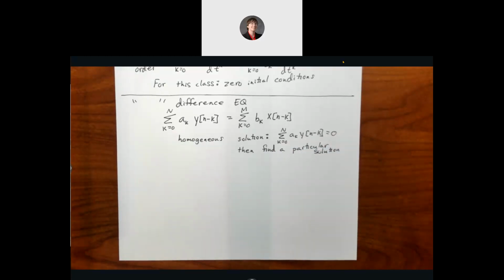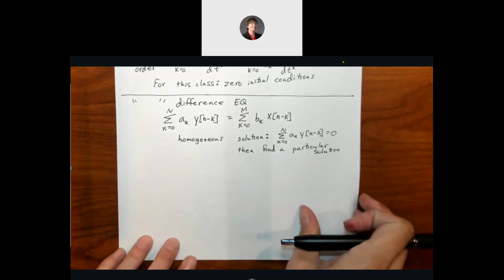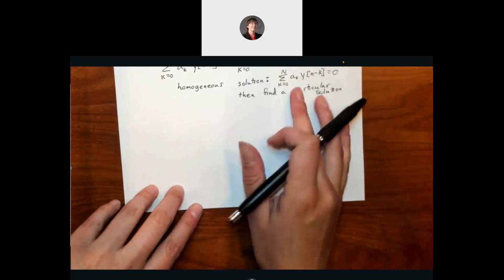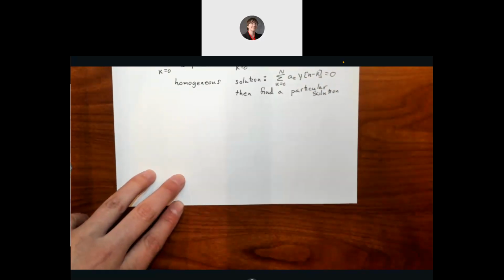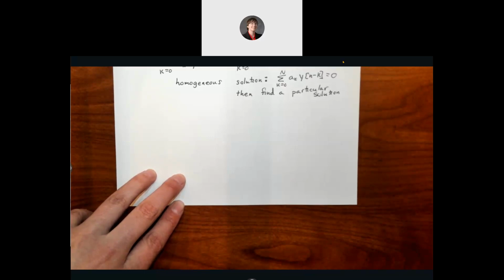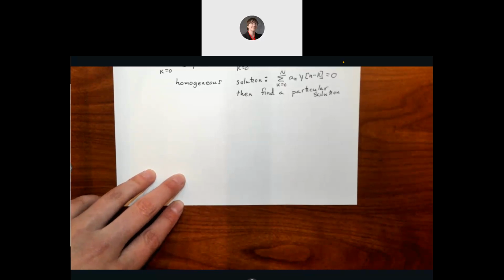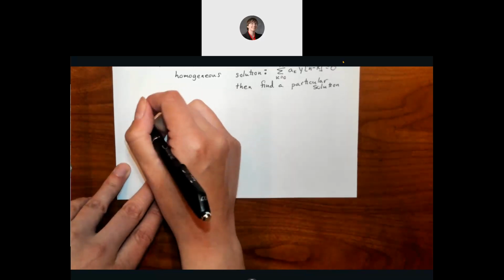All right, so it's actually a similar kind of idea for solving these discrete time cases. We're not really going to look into that part of it because it turns out that there's actually a little bit easier way of solving these kind of equations.